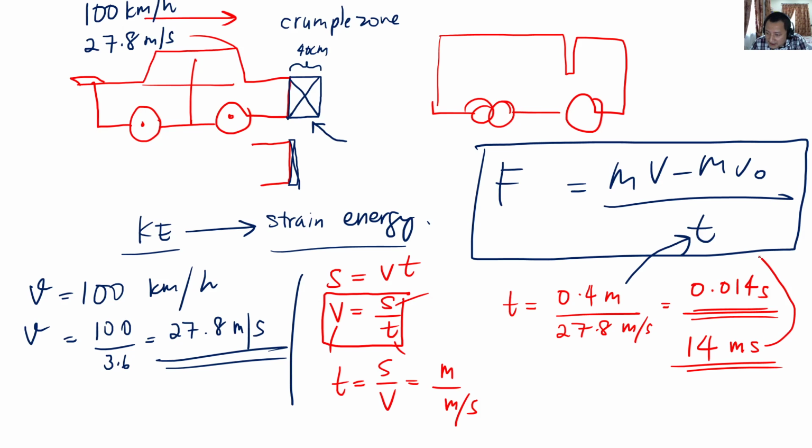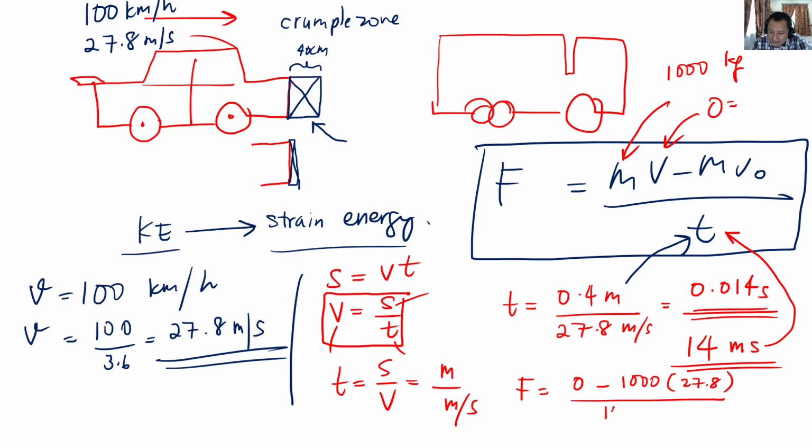If you plug in here 14 millisecond and you plug in the weight, let's say the weight of the car is 1,000 kilogram. Velocity you can plug in already. Final velocity, say 0. Oh, it's going to be bad. So F is equal to 0 minus 1,000 kilogram times speed 27.8 divided by 14 times 10 to the power of negative 3.